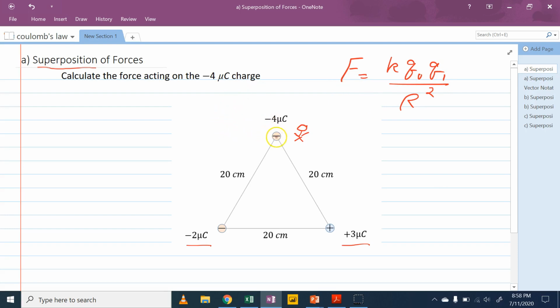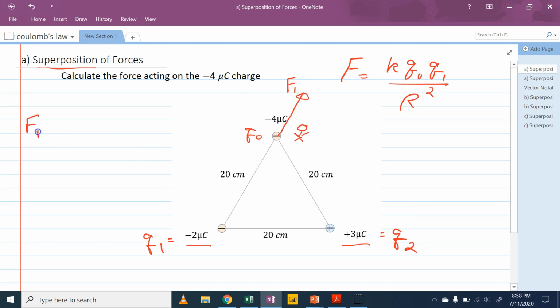So what we do for superposition is to say, well, the minus 4 is acted upon by the minus 2. That's like charges, so they repel. So if we call this one Q1, and we are Q object, and this one is Q2, then we can label this the force of 1 on the object. I'll just write it F1.